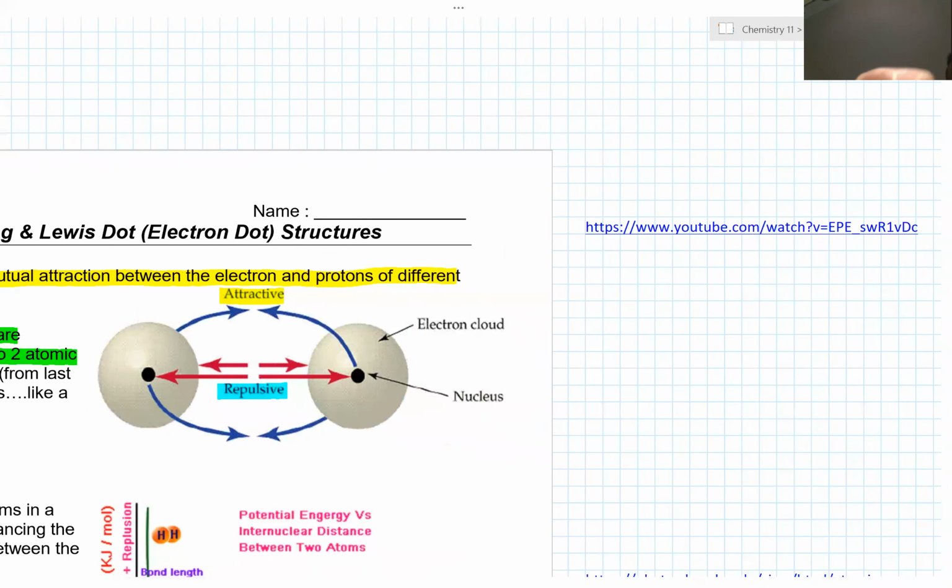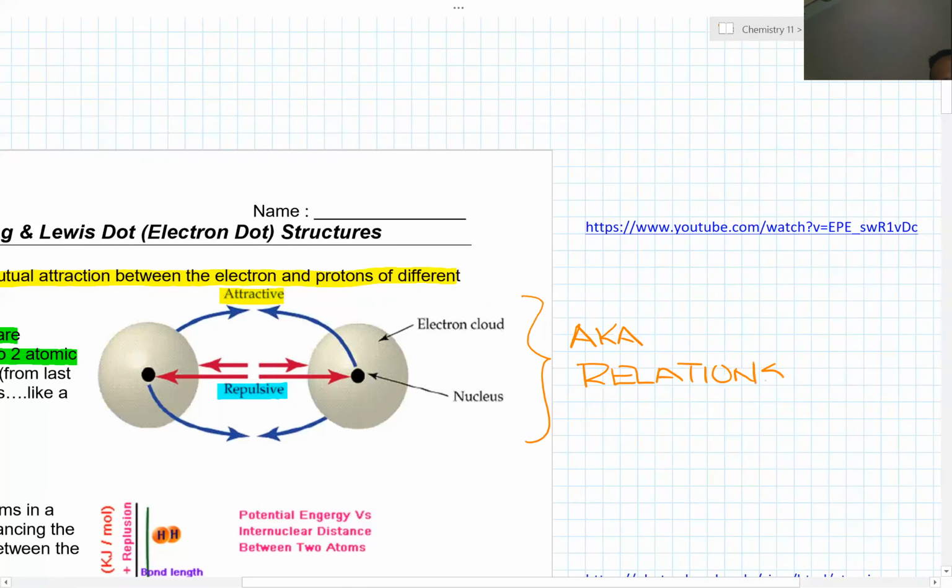You could think of it like relationships. In a relationship, you have a mutual attraction to each other, but you also have some repulsion to each other.